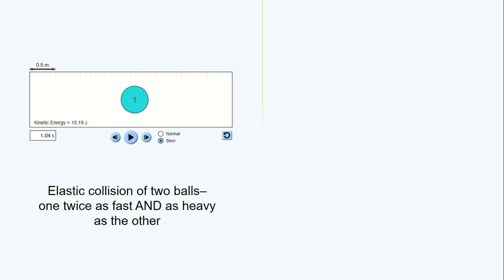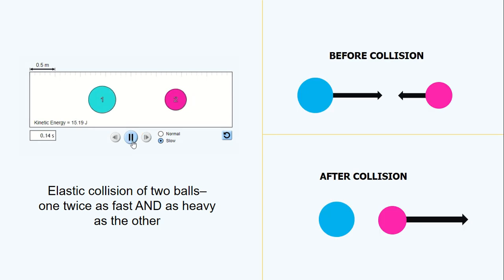In the last one, the blue ball is twice as big and twice as fast as the pink ball. After the collision, the blue ball stopped, like a stop shot in billiards, while the pink ball was catapulted to the opposite direction.